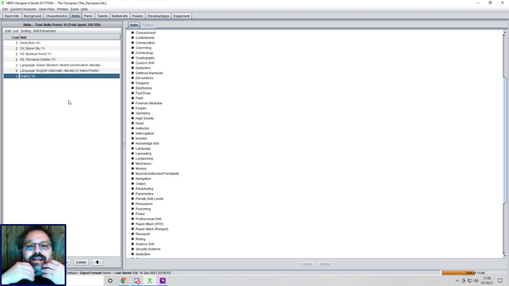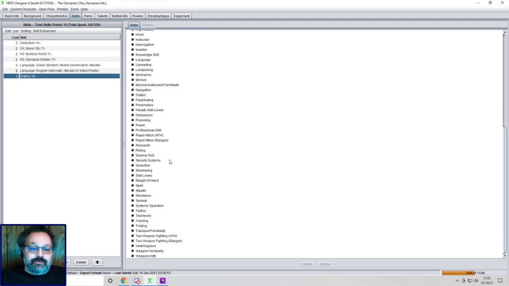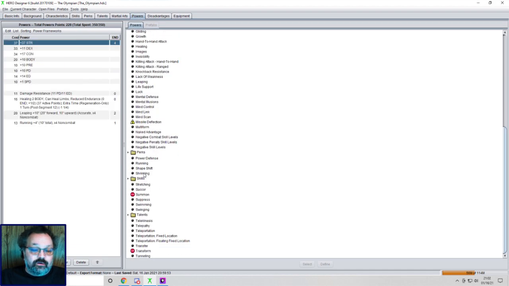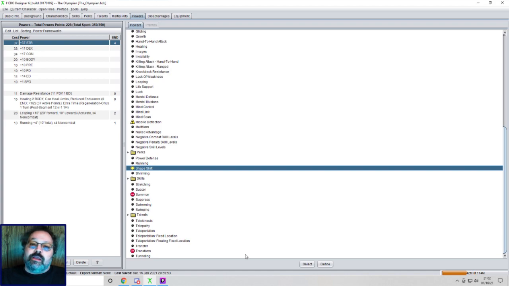So, if you want to be like the character Beast Boy, who can shape change into any animal form, then that is a different power altogether. I'm in skills and not powers. It is Shapeshift. Okay?